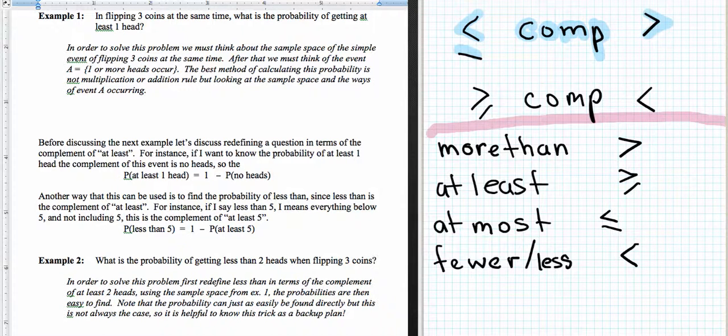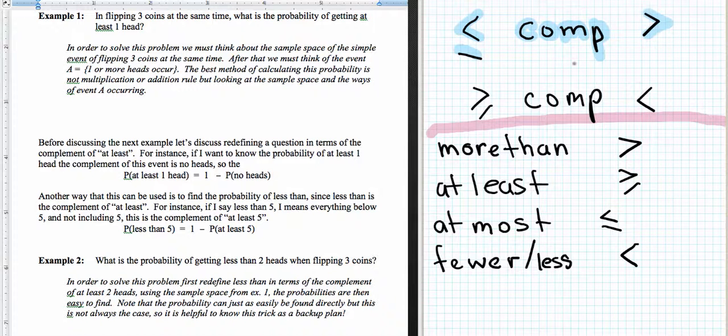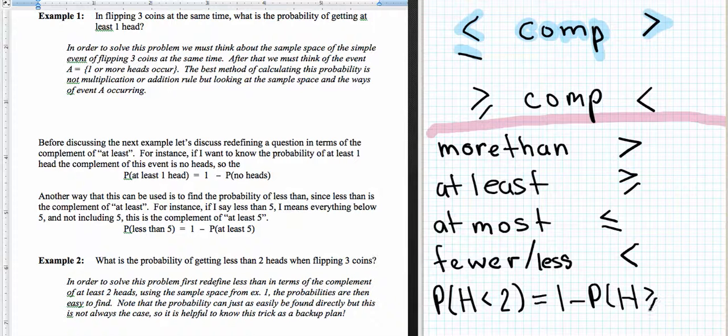All right, now, what is the probability of getting less than 2 heads when flipping 3 coins? Well, we just solved that problem, didn't we? Less than 2 heads, how can we translate that? So the probability of less than 2 heads, so H is less than 2. Well, that would be 1 minus the probability that heads is greater than or equal to 2.